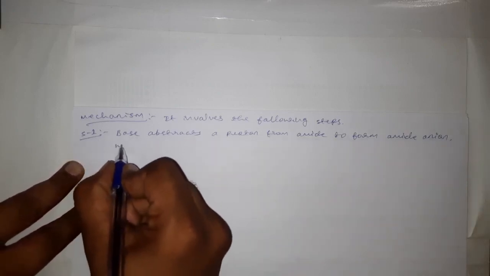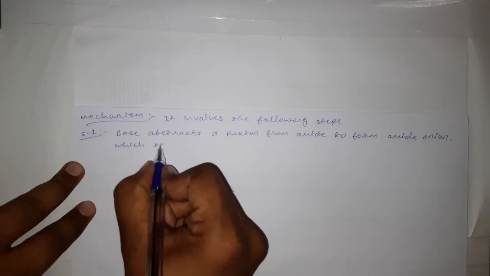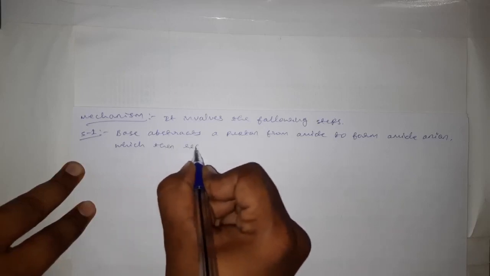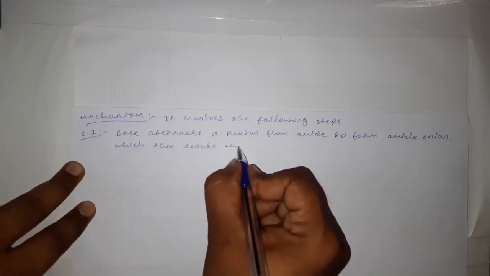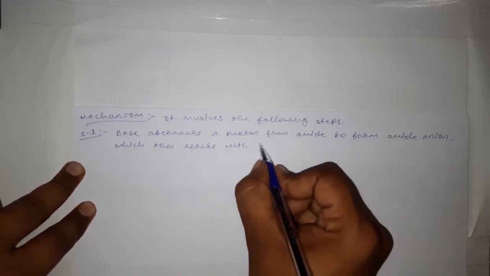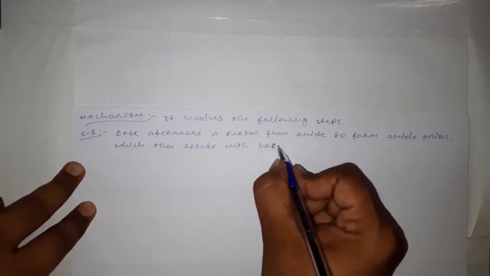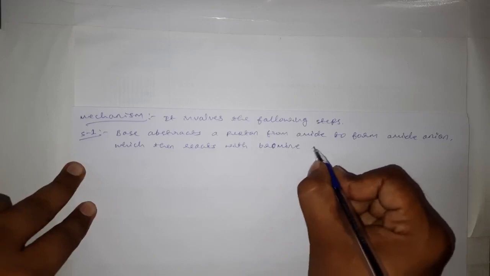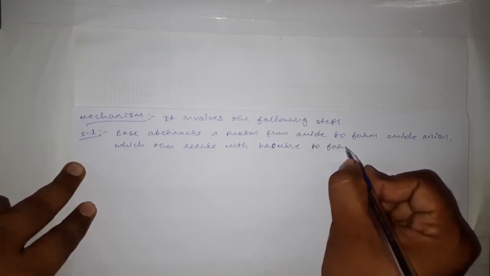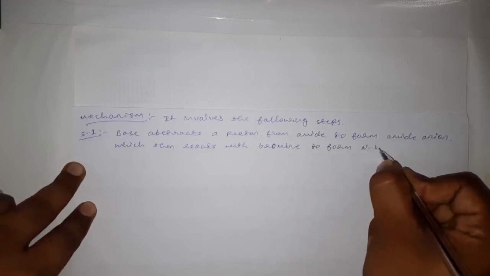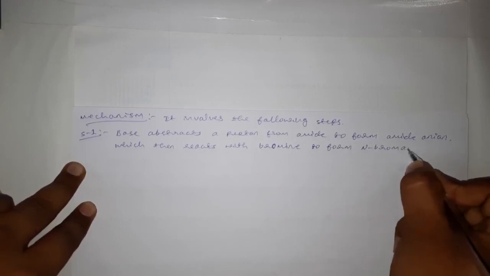And this amide anion then reacts with bromine to form N-bromamide.